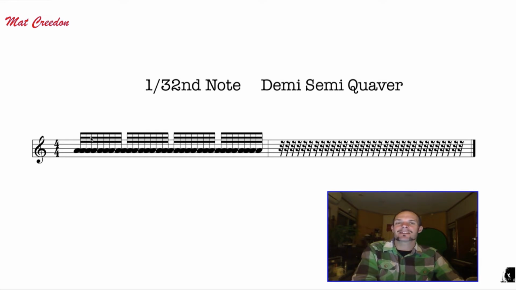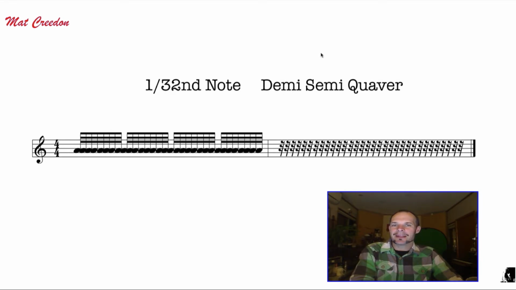That is extremely fast, and you're only really going to hear it as like a drum roll, like brrrr. So I wouldn't really worry about that. And here are our 32nd note rests. And if you want to know what they are also called, they're called demi-semi-quavers.